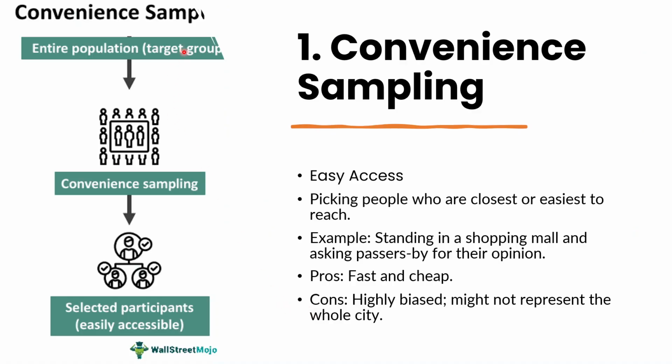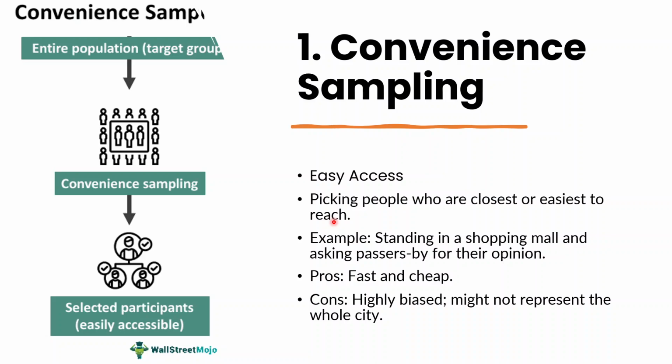So some of the techniques that we use in non-random or non-probability sampling are: first one is called convenience sampling, easy to access, or picking people who are closest or easiest to reach. Let me say I am supposed to pick and study students who are studying a degree.